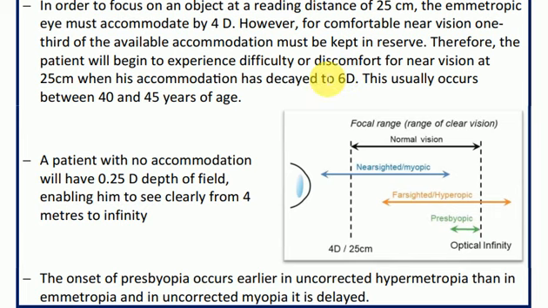A supplementary convex lens is used to enable the patient to achieve comfortable near vision. The lens is called presbyopic correction, and the age-related inadequacy of accommodation is called presbyopia.